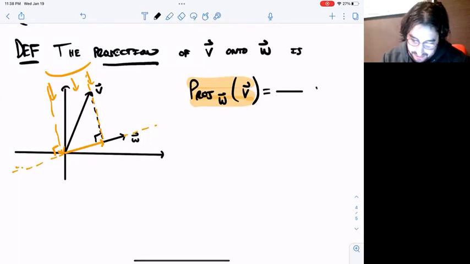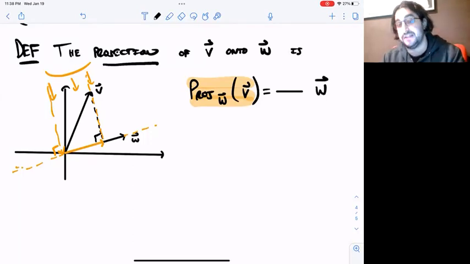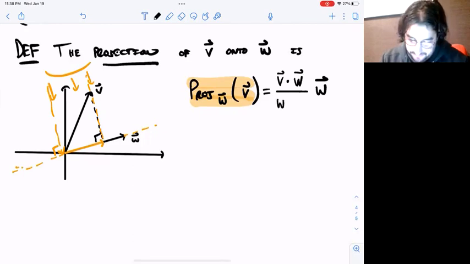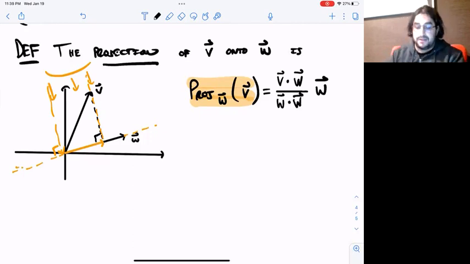It's the vector W scaled by a particular quantity. It's scaled by the dot product V dot W divided by the dot product W dot W.